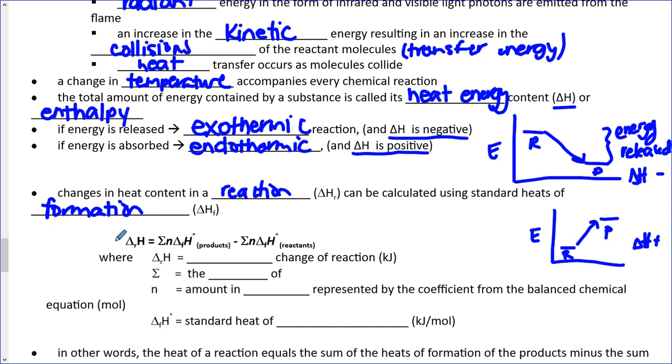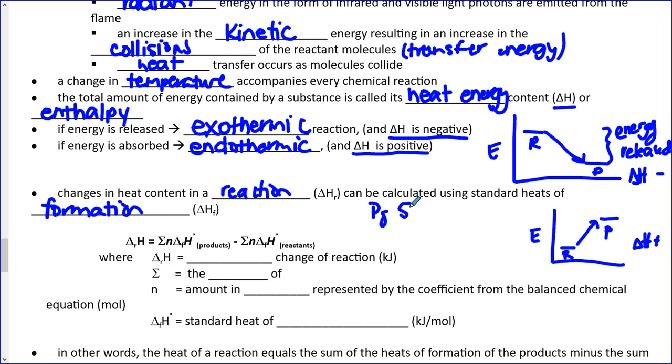And so this equation, I don't have a data booklet. Oh, yeah, I do. Sorry. So in your data booklets, hopefully you have yours nearby as well, it's on page 5 in the data booklet.